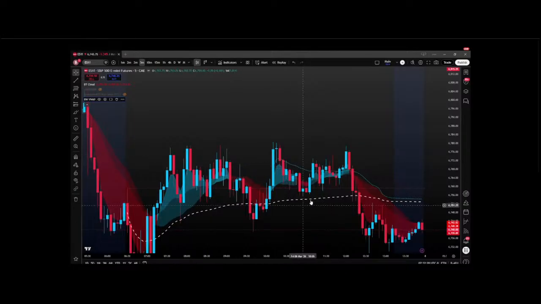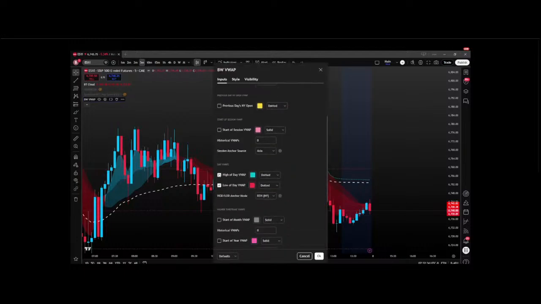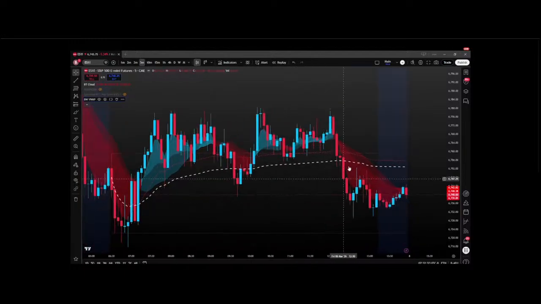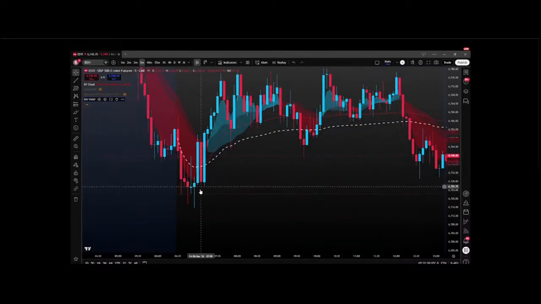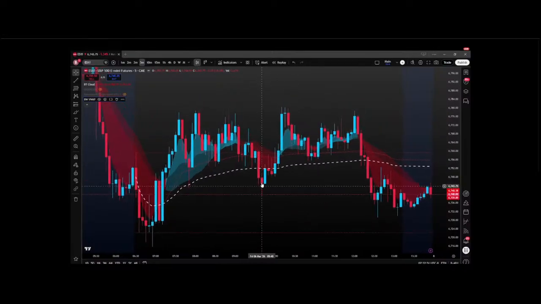We just kind of stayed in a sideways motion, and then we have our low of day VWAP, same thing as the high of day. We go to the lowest point, and this one's really good for shorts, especially if we break below it. You can see right here we kept bouncing off of it, bouncing off of it, before eventually closing below it, and then we stayed below it.